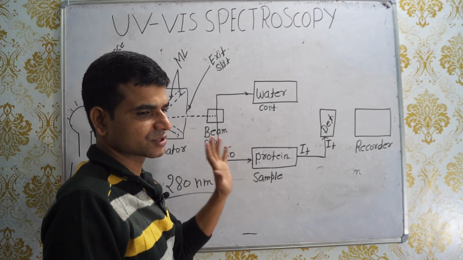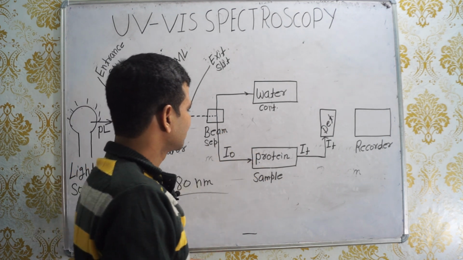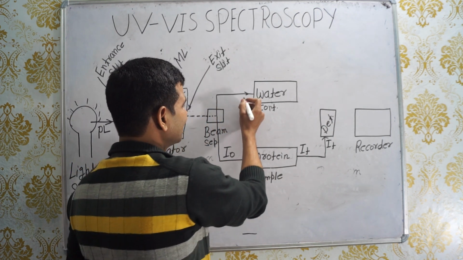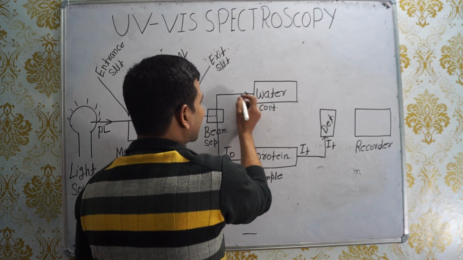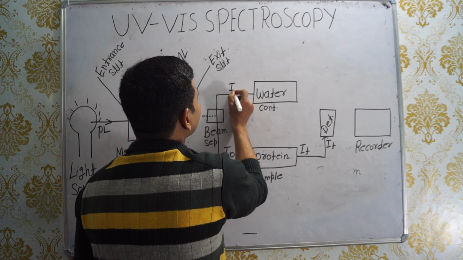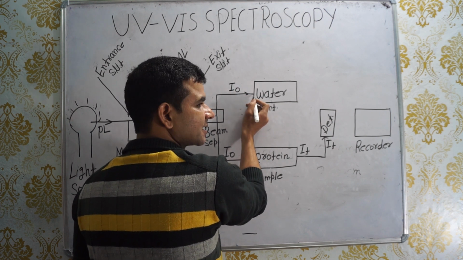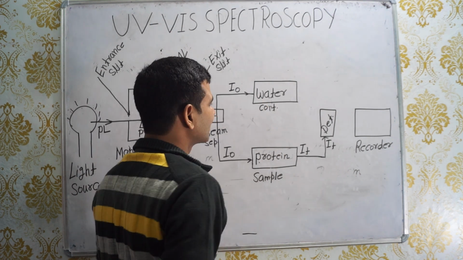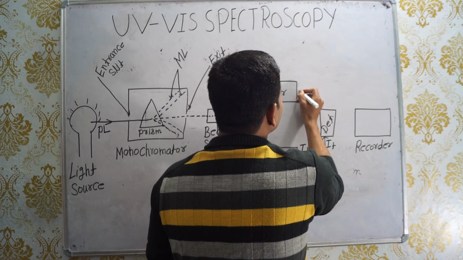Any solution in the pure form does not absorb light. Therefore, if the intensity of this incident light is I naught here, then the intensity of the transmitted light would also be I naught.